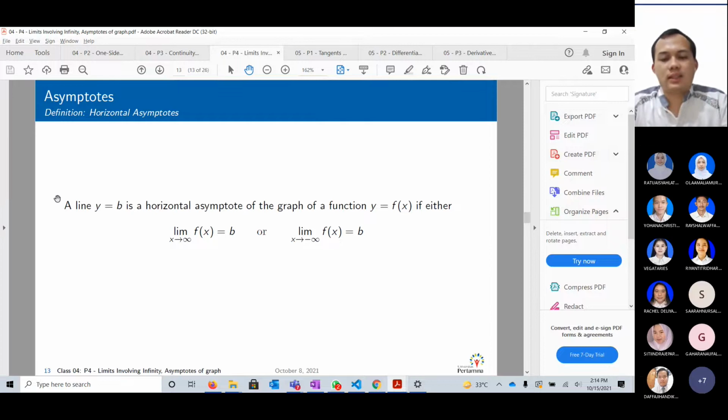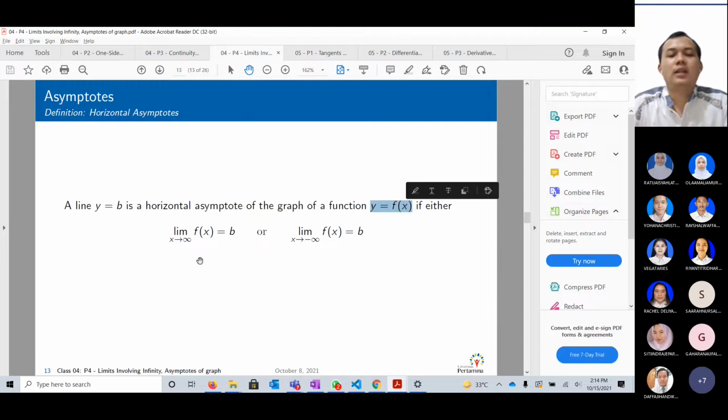Now, what does this slide say? If we have a line y equals to b, this line is a horizontal asymptote of the graph of a function y equals f of x if either the limit of f(x) as x goes to positive infinity is equal to b, or the limit of f(x) as x goes to minus infinity is equal to b.